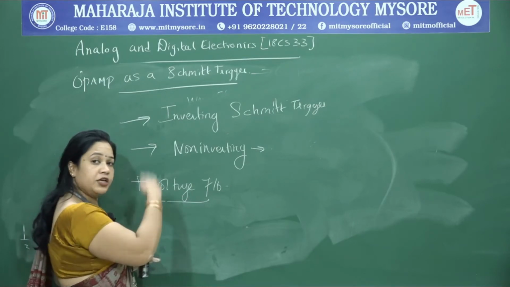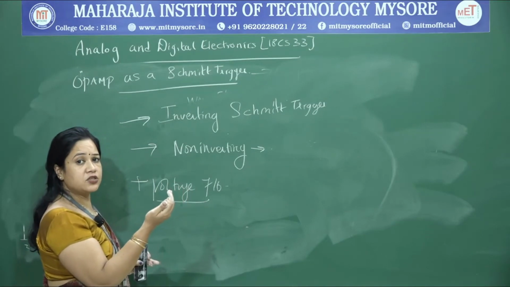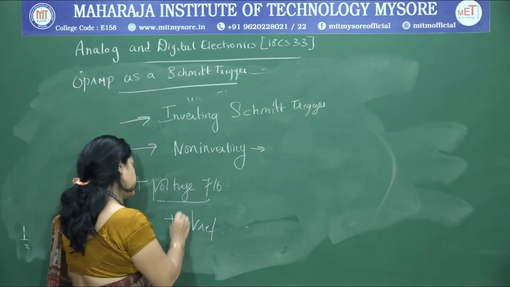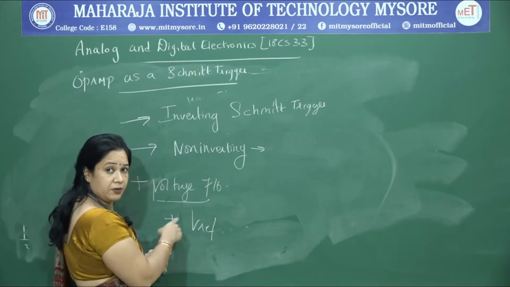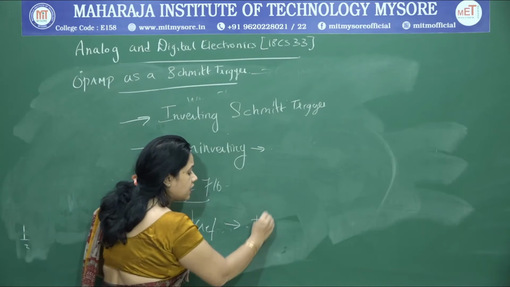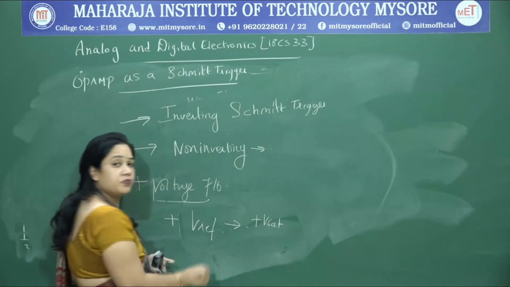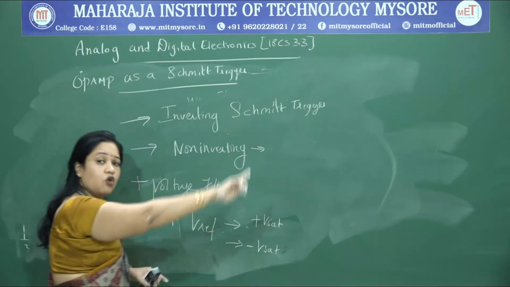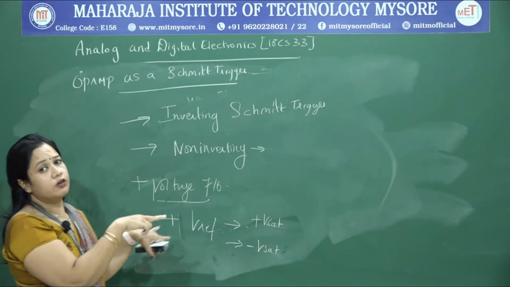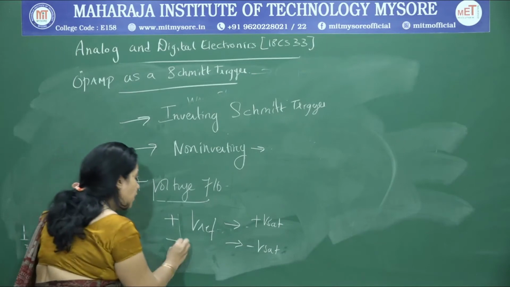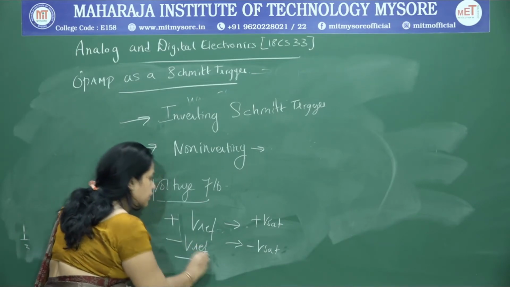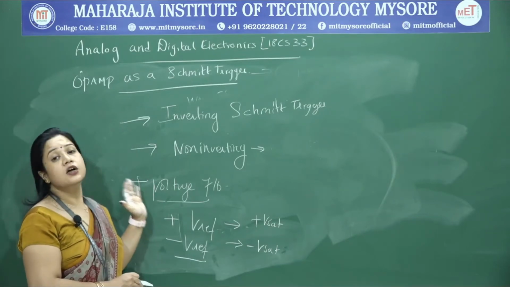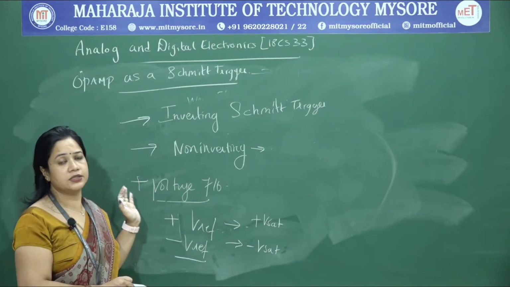Thus, when the output is at positive saturation, we have a positive reference voltage, when the output is at plus Vsat. And if the output is at minus Vsat, again a portion of your output is connected back to the non-inverting terminal, providing a negative reference voltage. This is what I mean when I call the Schmitt trigger a positive voltage feedback circuit.